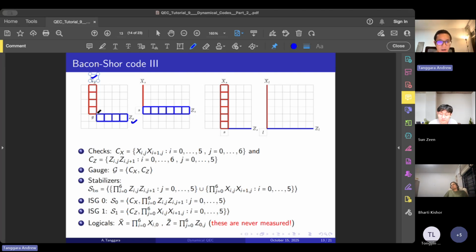They coincide at this one vertex, so they anti-commute, and they constitute the virtual X and Z for this logical gauge qubit. The stabilizers you can define as rows and columns, as we covered in the last slide, and the logicals are this. You can identify this with some imaginary square right outside the lattice. The same goes for the logical operator.